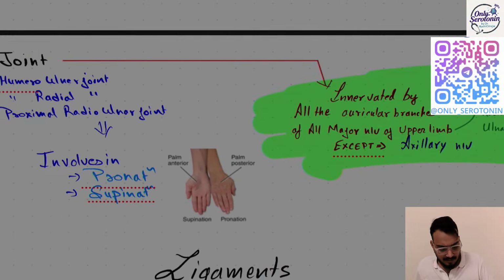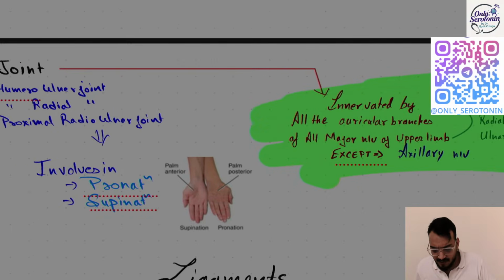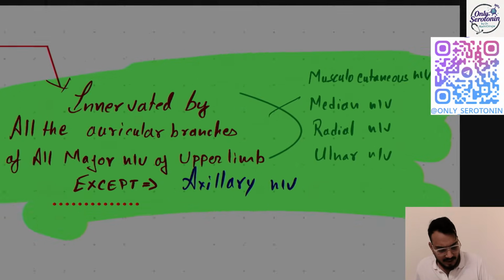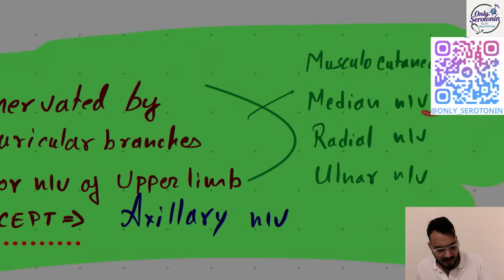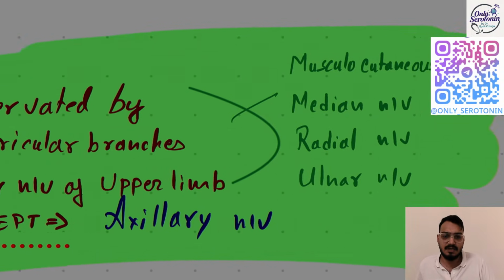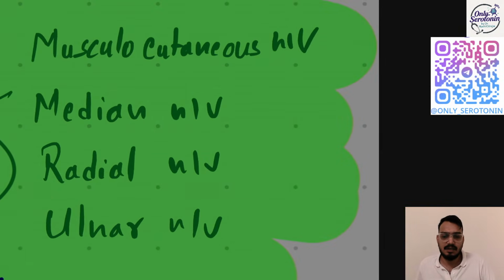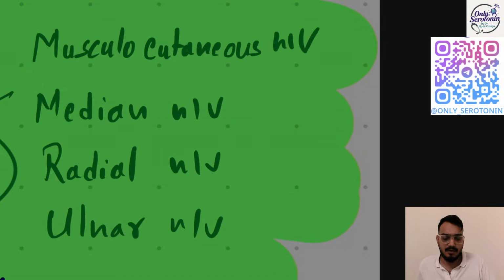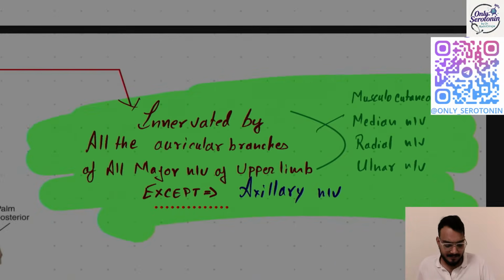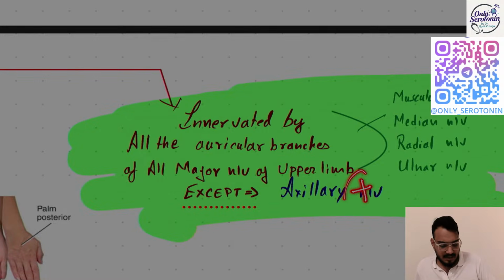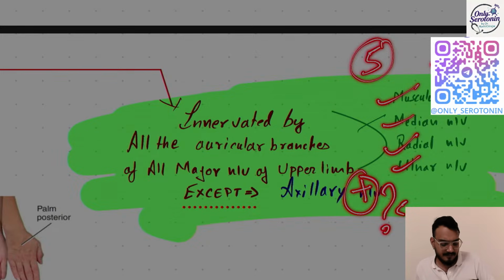The nerves which are involved in the elbow joint are the musculocutaneous nerve, median nerve, radial nerve, and ulnar nerve. These four are what, guys? These four nerves are the major nerves of your upper limb, right? Plus one more nerve is there, guys. Total we have five major nerves. Out of them, one, two, three, four are here. Which one is the fifth nerve, guys?